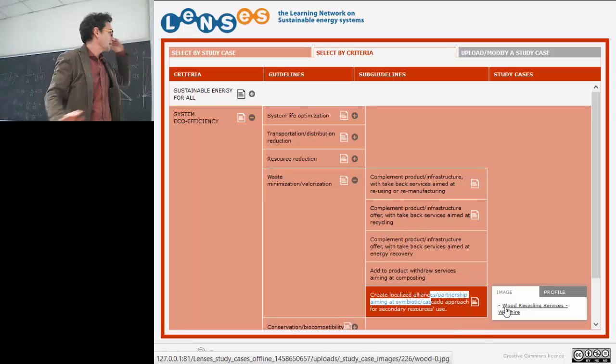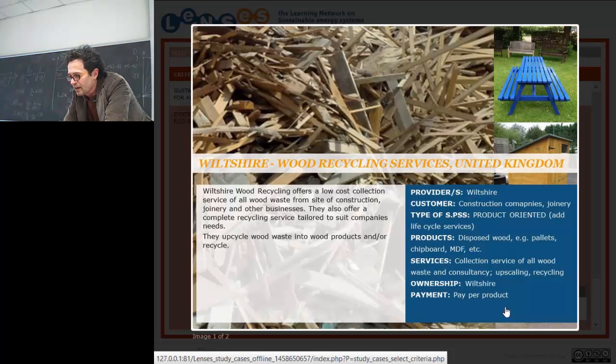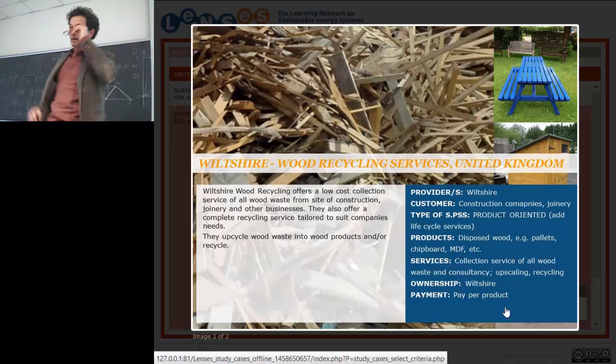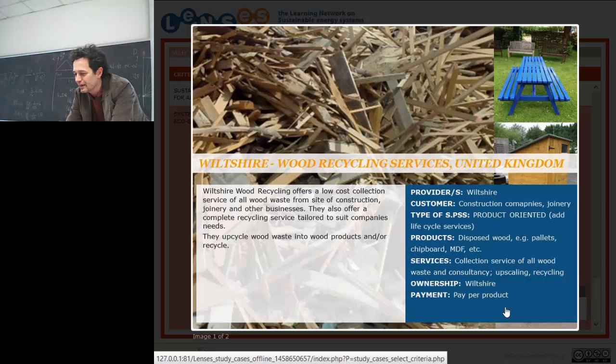Here the aim is to create a localized partnership aimed at a symbiotic cascade approach for secondary reuse, and this is the case, again in the UK, of this company that goes to a construction company that may have lots of wood waste, and they say, you pay me a little bit, which is less than you would need to pay for landfilling, and I take this wood back.